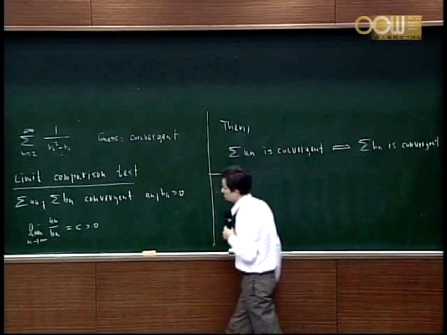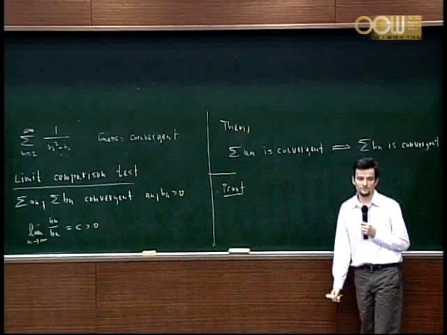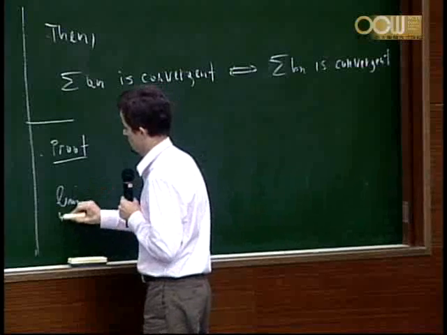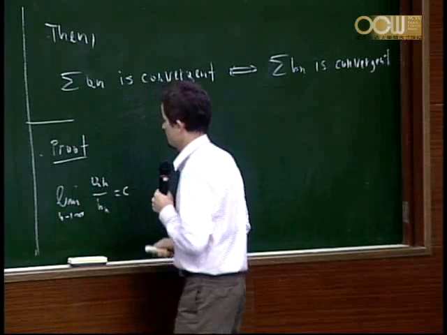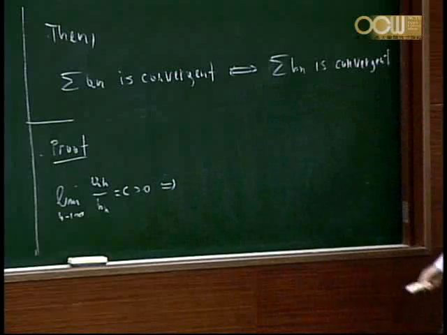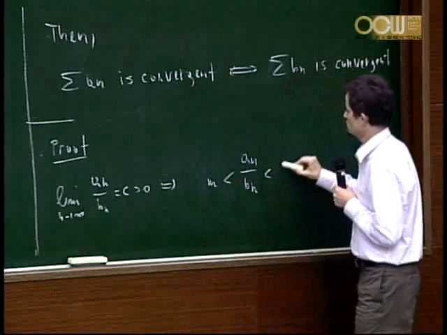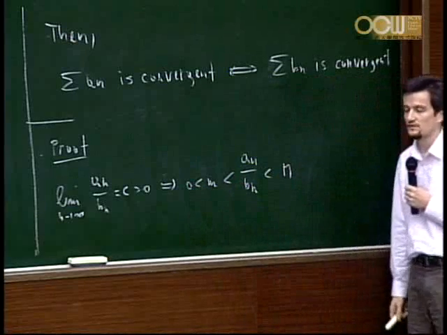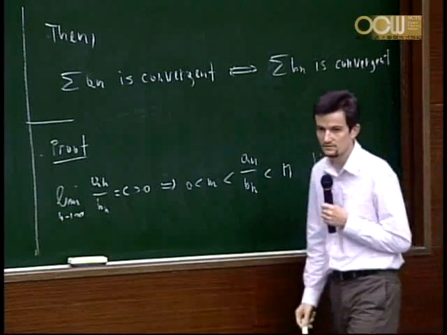So first of all, because you have this condition here, so you know that the limit exists and is larger than 0, we know from the definition of the limit, this will imply that there exists a small m and a large M, where this small m is larger than 0, such that this inequality will hold for all n large enough.